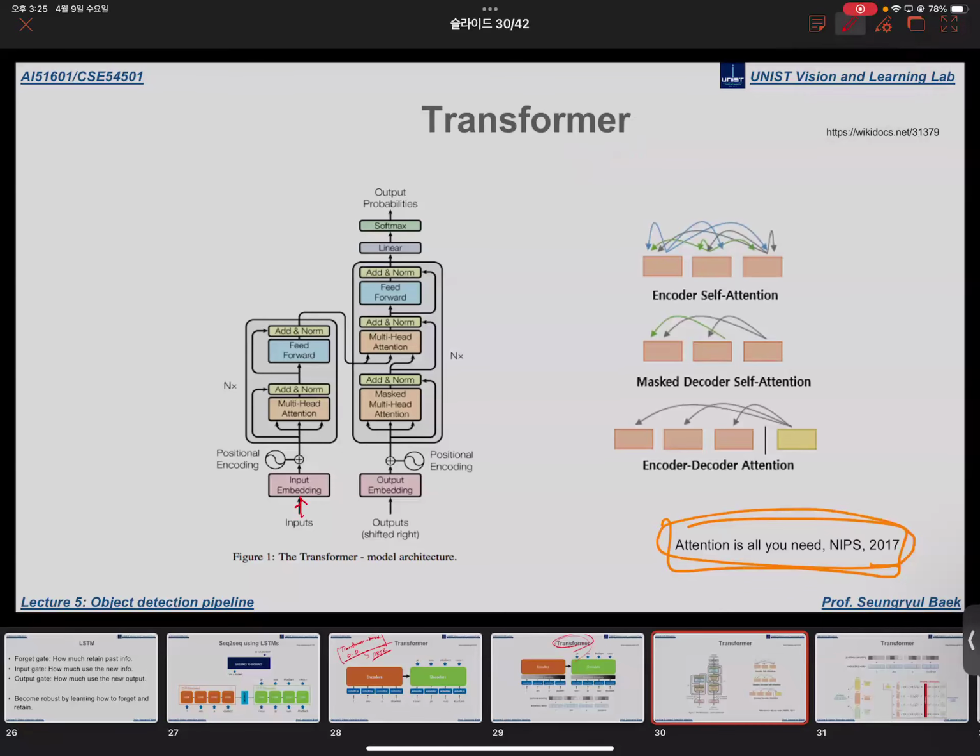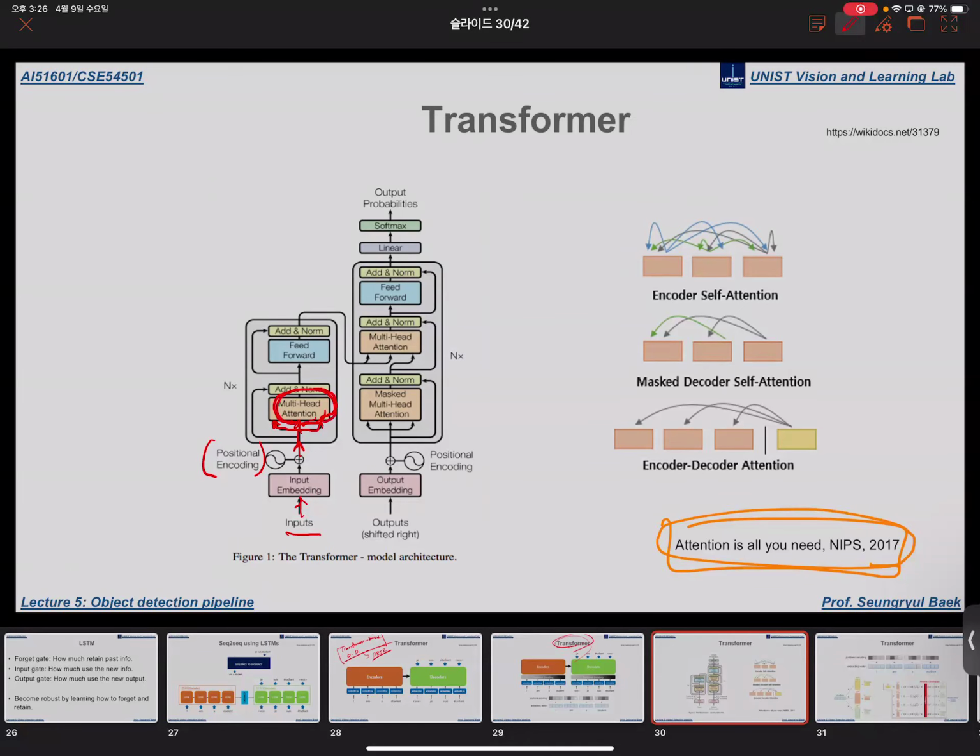So this is the input, which is the sentence, and we have to apply the positional encoding to each word in the sentence, okay? Here the words themselves are represented as features, and they are fed into this multi-head attention layer.